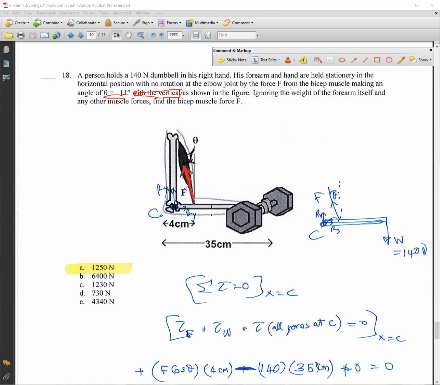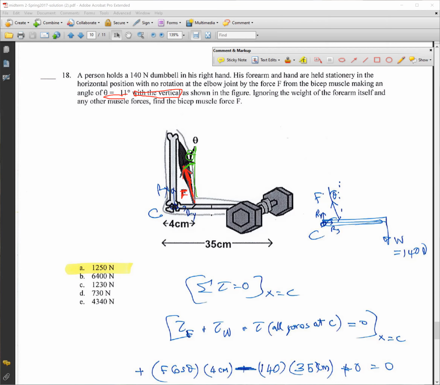So the force is like this from the bicep muscle, and it's making an angle theta. So I'll use maybe green to show the angle. So this is the angle theta, and this angle is with the vertical. So theta here is with the vertical.